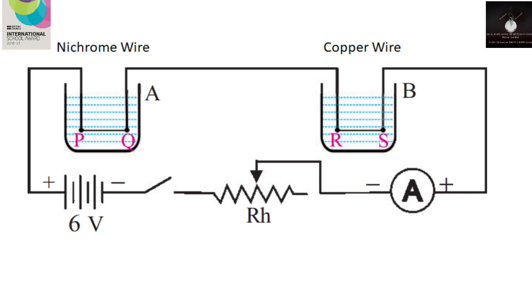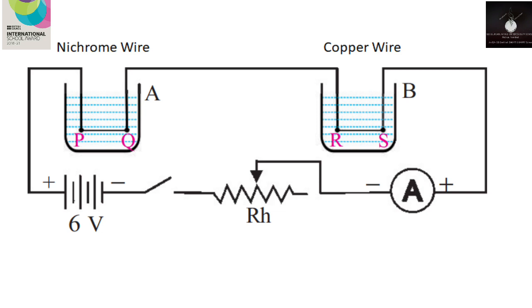RS is a copper wire, and they are of the same length and diameter. One end of the nichrome wire is connected to a 6-volt battery through a switch. The other end is connected to a rheostat and an ammeter in series, which is connected to a copper wire. Initially, measure the temperature of water.